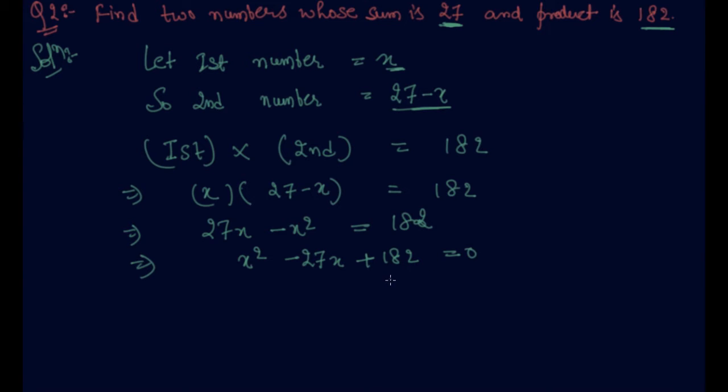So students, as I told you, to find out the roots of a quadratic equation, we have to split the middle number b in such a way that the sum of the numbers is equal to b and the product should be 182.